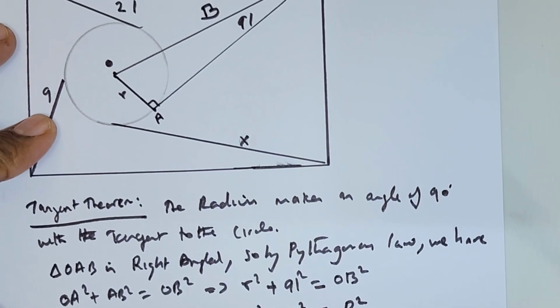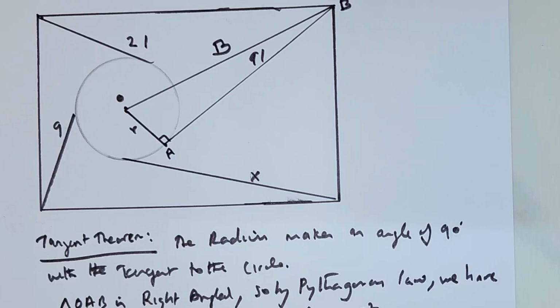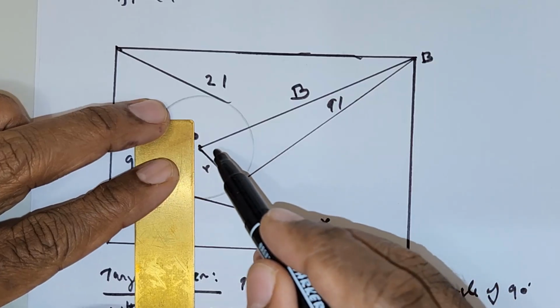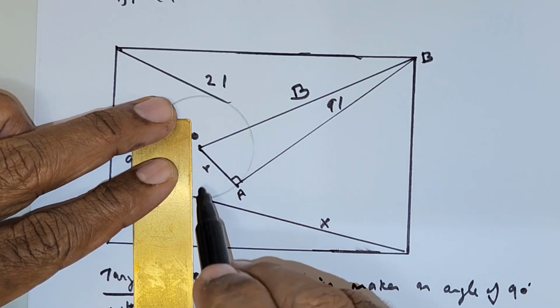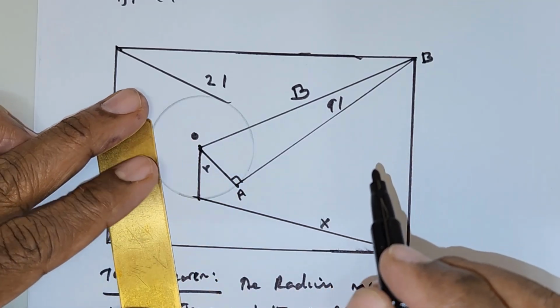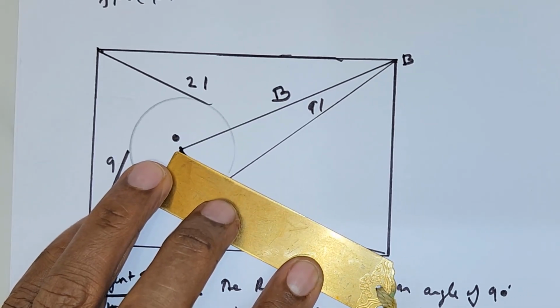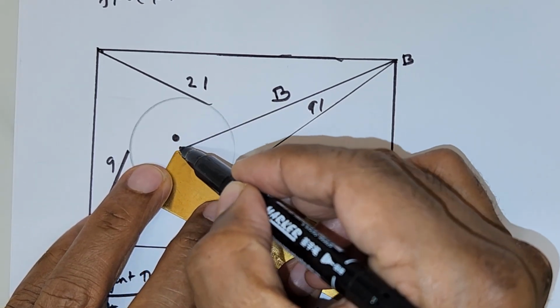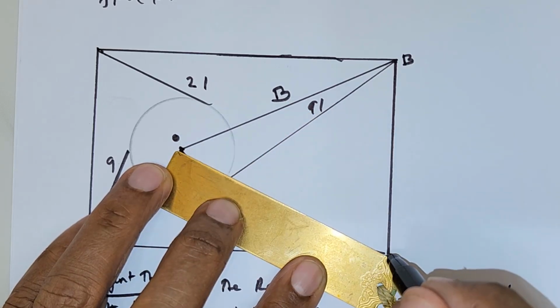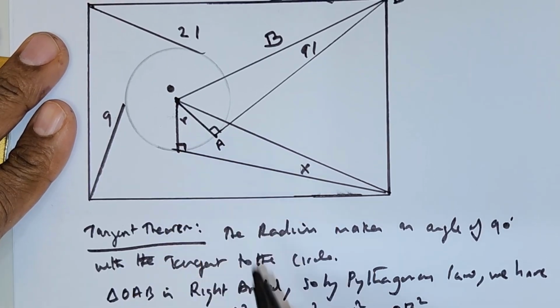Now the next step is to consider the next tangent. Clearly I can draw the perpendicular, and then from this vertex I will connect it to the center. So this is clearly 90 degrees.